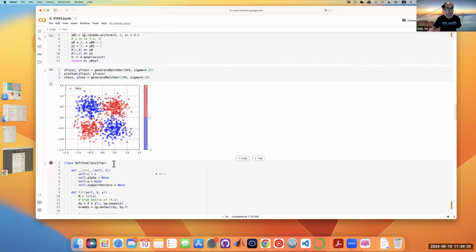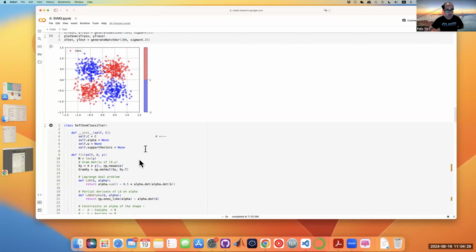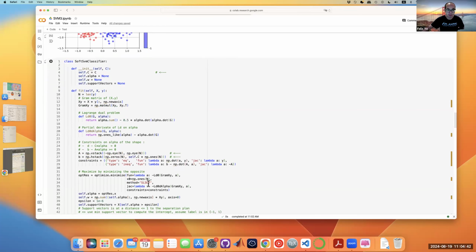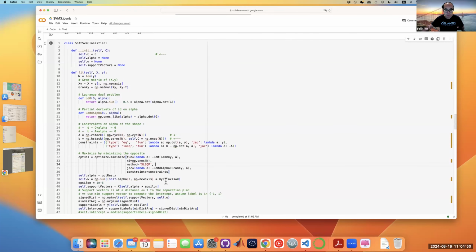We can implement this with the soft margin SVM right here. This is basically the same thing that we have talked about, and we're trying to solve these two problems directly with an SLSQP solver.